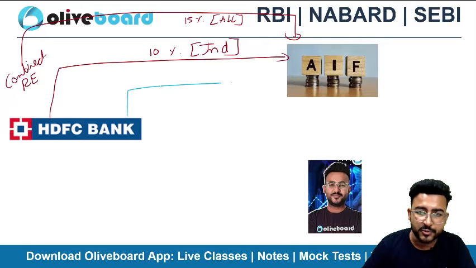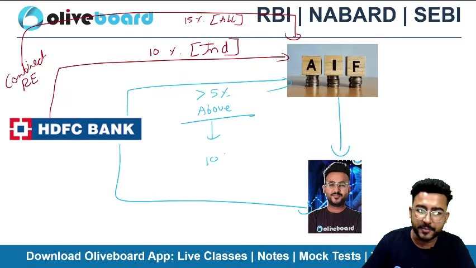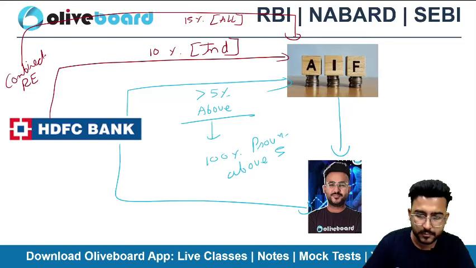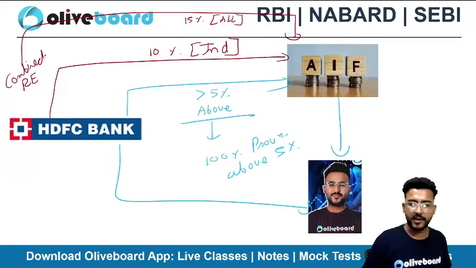If this is a downstream transaction to the debtor company, and you are going above 5%, then 100% provisioning. Above 5%. Now this will be my chart. I know my handwriting is too bad, but that works for me. That works for me, right?